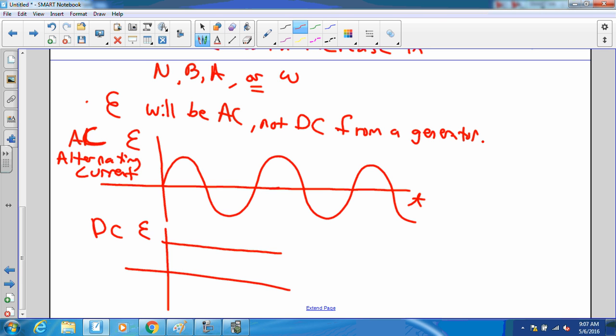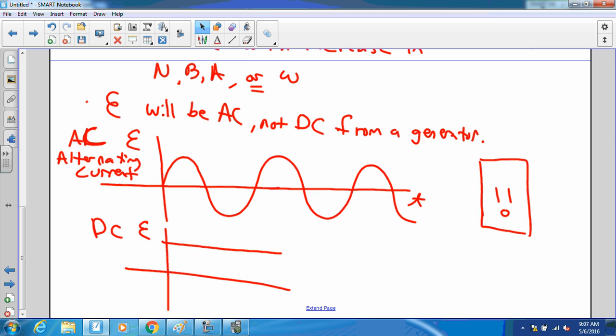So I want to be clear about what's happening with your wall socket. With your wall socket, you've got two plugs. You actually have three. And the two plugs are actually not the same size. The one on the left is a little bit larger.